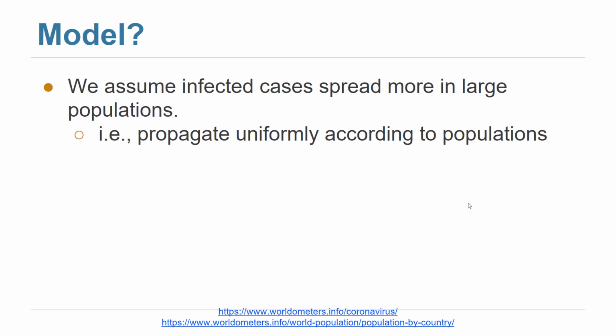Here we start with the word uniformly, which gives you a sense of sampling, right? If that model is true, that means that the virus spread randomly over all countries. Remember that the word random in data science and statistics is different from the word random in our daily life. When we say random in daily life, it indicates that we really don't know how it goes or how it was done.